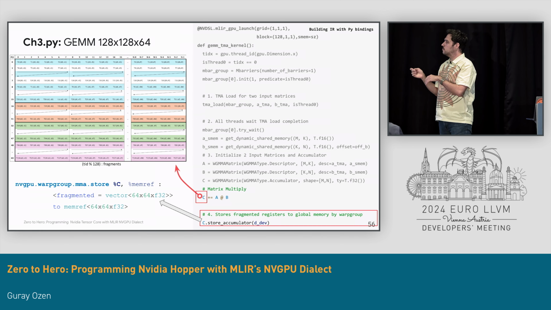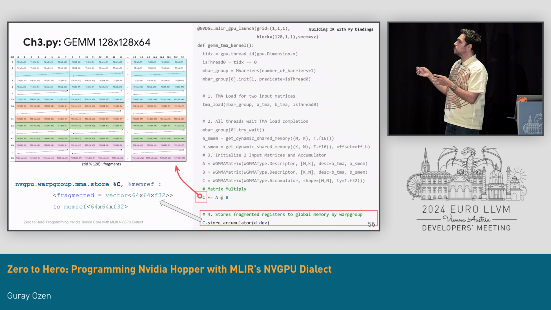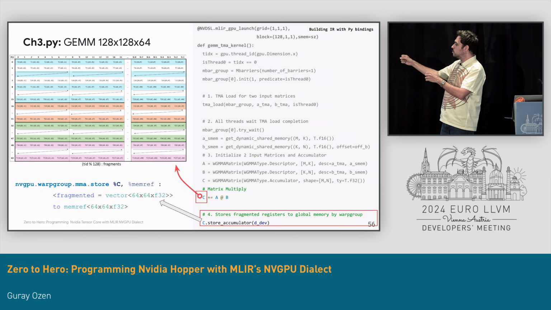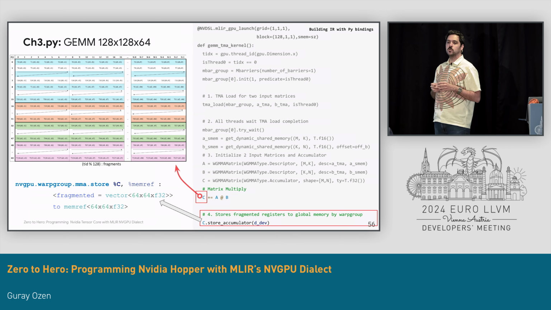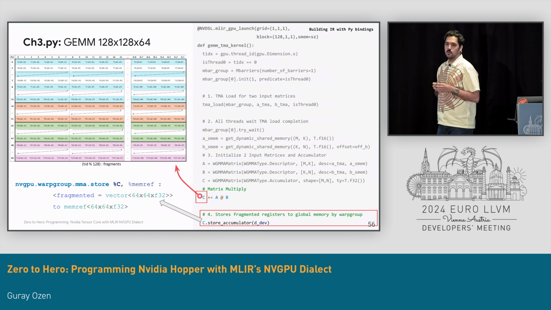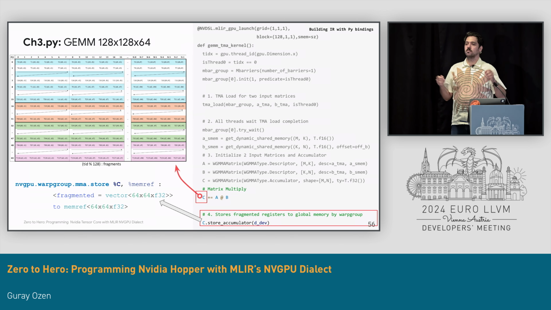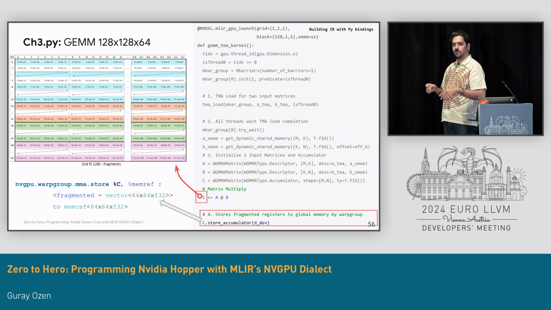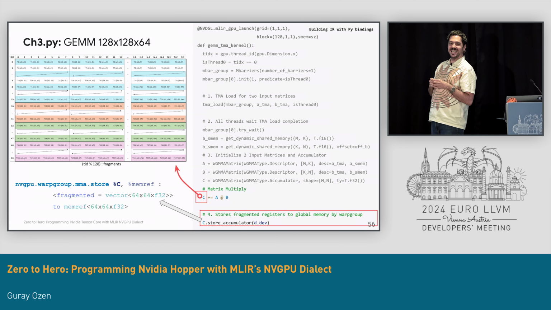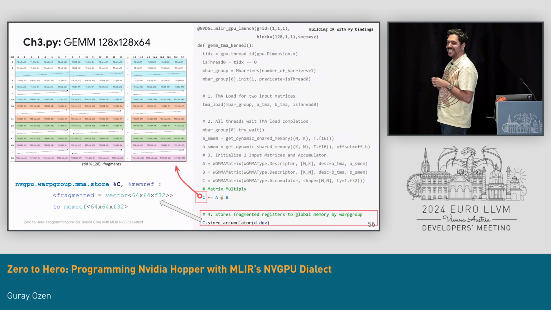We can do whatever we want. But we don't have a good methodology, good ops, or good things to do this in the NVGPU dialect yet. So if you and I work together, I think we can do it better. Thank you.